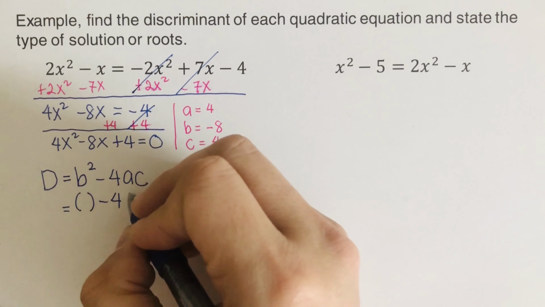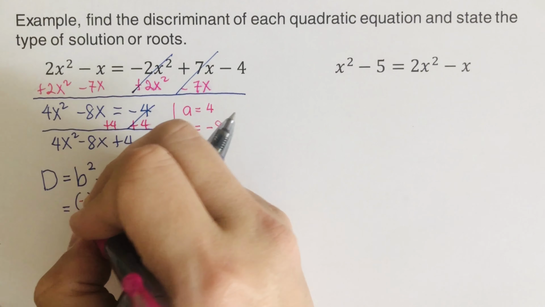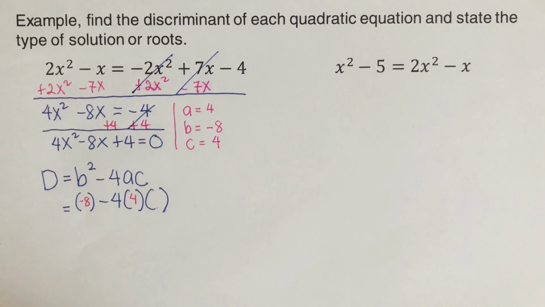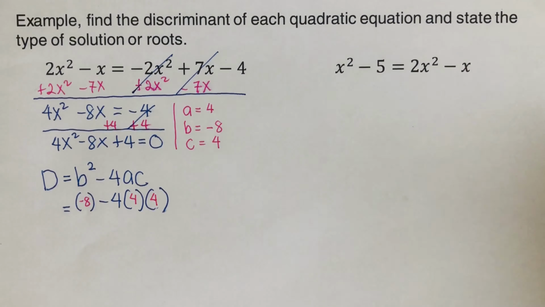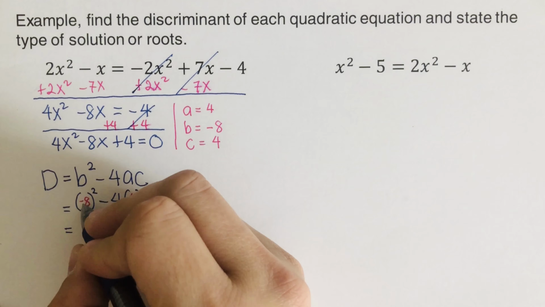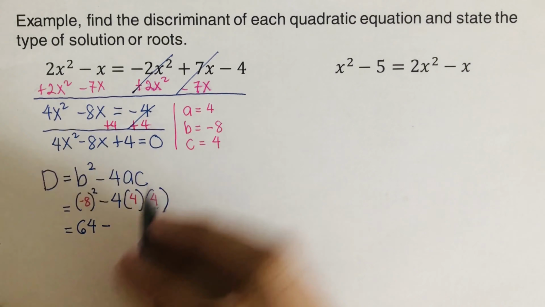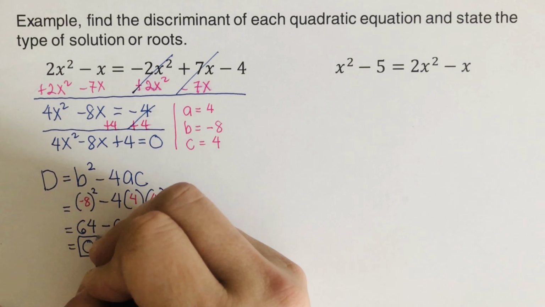Our B is negative 8, our A is 4, and our C is 4. By the way, this is B squared. So negative 8 times negative 8 is 64, minus 4 times 4 times 4 is 64. So the discriminant here is 0.